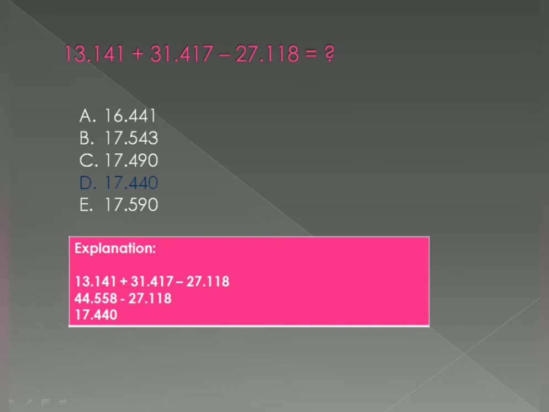You can do it mentally. 1 plus 7 is 8, minus 8 is 0. 4 plus 1 is 5, minus 1 is 4. 1 and 4 is 5 again, minus 1 is again 4, then the decimal point, and go over the back side. 3 plus 1 is 4, minus 7, so it's 14 minus 7, which is 7 again. 3 plus 1 is 4. 4 minus 2 is, obviously, you have to know.